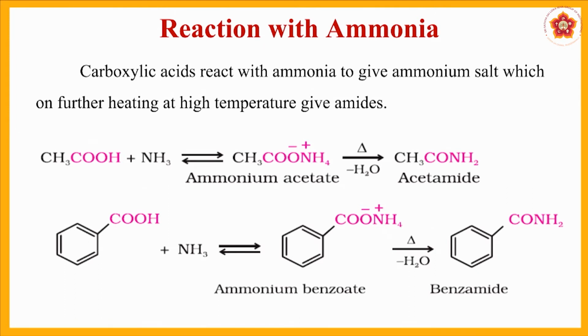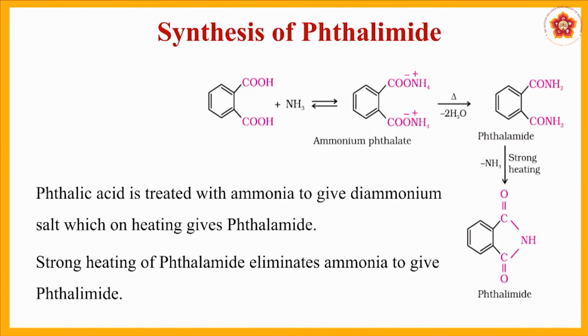So, this is about the reaction with ammonia for carboxylic acid systems, and now we study a specific type of reaction, very important industrially, where the same carboxylic acid system is used, except that we have taken a dicarboxylic acid. What do you mean by dicarboxylic acid? Two carboxylic acid groups, and the structure shown there you can name benzene 1,2 dicarboxylic acid.